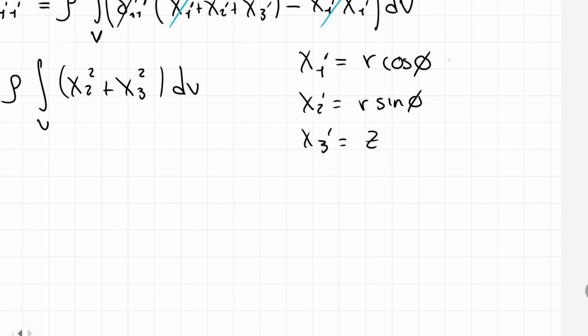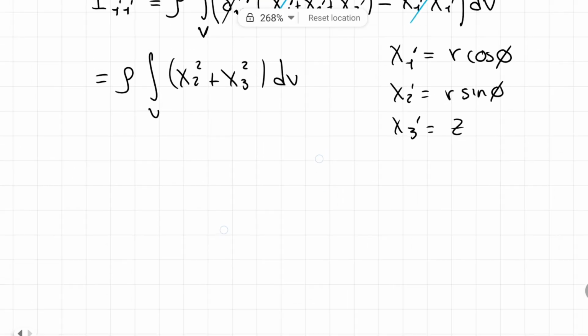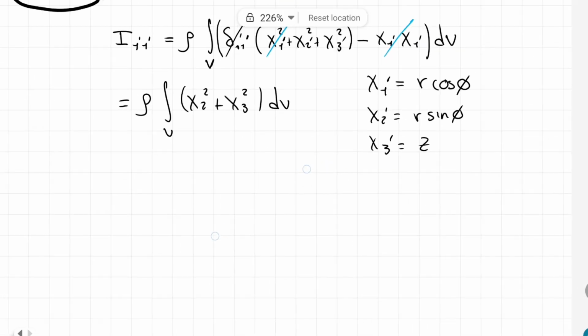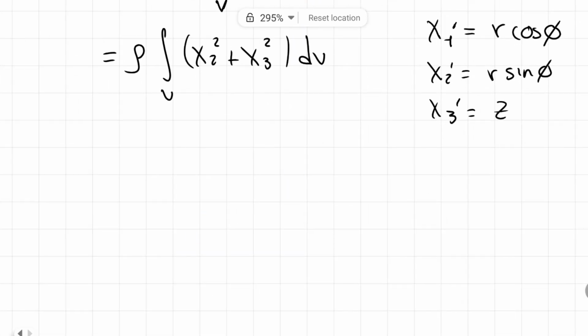These are the very famous formulas for transformations to cylindrical coordinates. So that is what we are going to use here. And of course, the limits of integration of this volume integral will depend on these cylindrical variables that we are going to introduce.